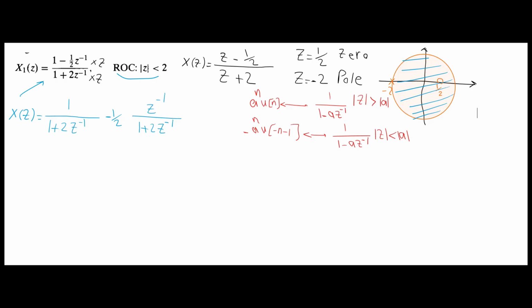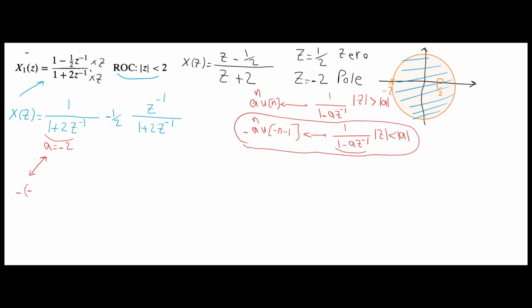Notice that our ROC satisfies the magnitude of z less than 2. Therefore, we must use the second transform pair. Now compare the first fraction with the standard form. From this comparison, a is equal to minus 2.